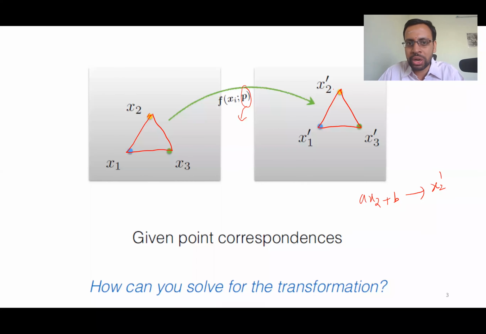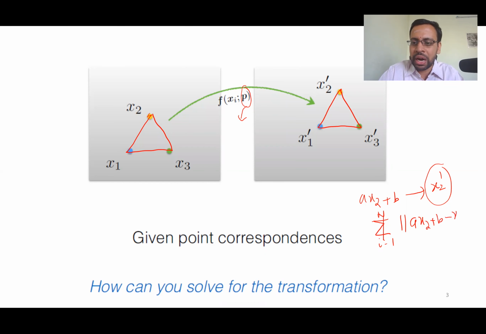I think the matrix, you all remember that 3 by 3 matrix, right? But when you are looking at the individual points, this might not exactly match with x2 dash. So what you could do is, for example, I could vary i from 1 to n points, and here I take a x2 plus b.